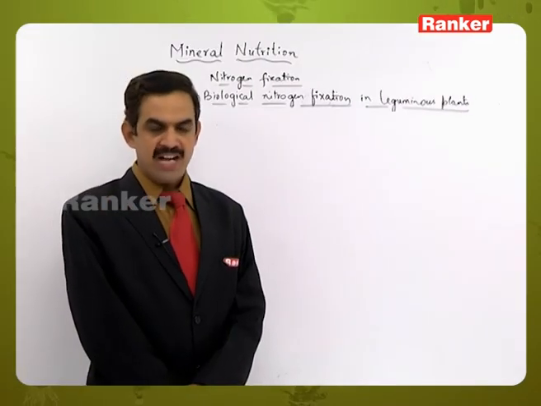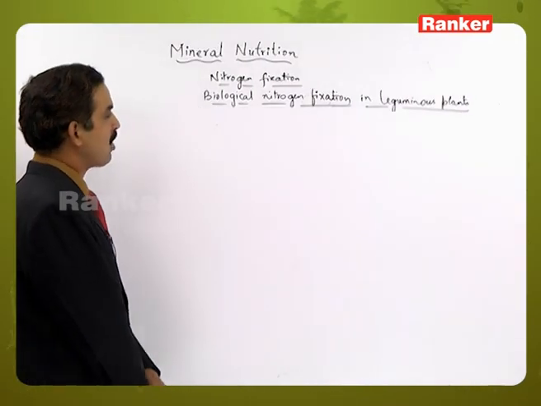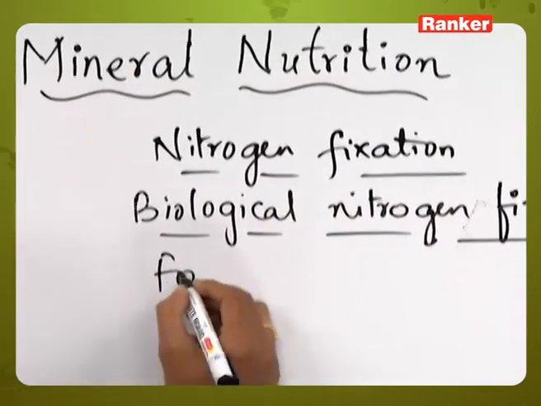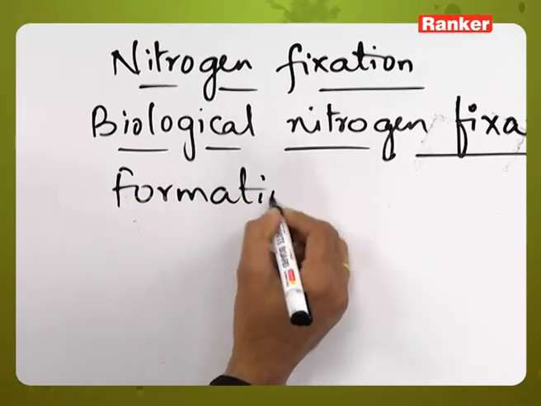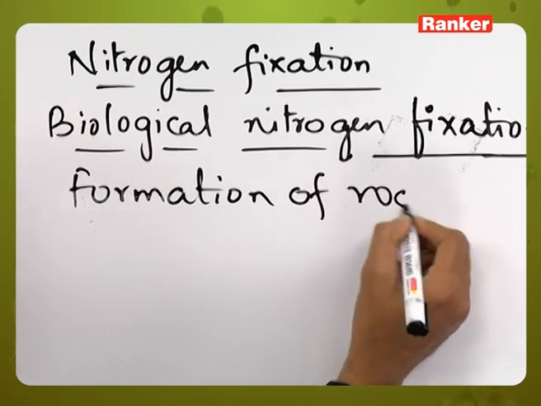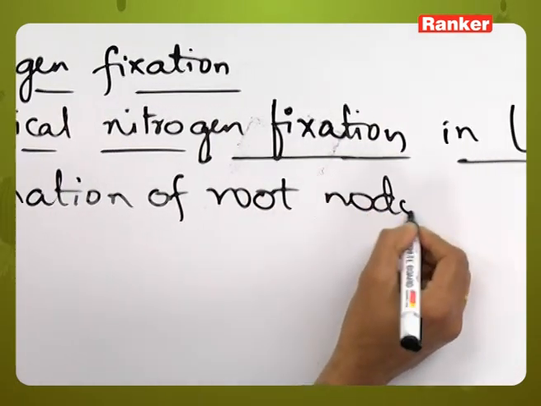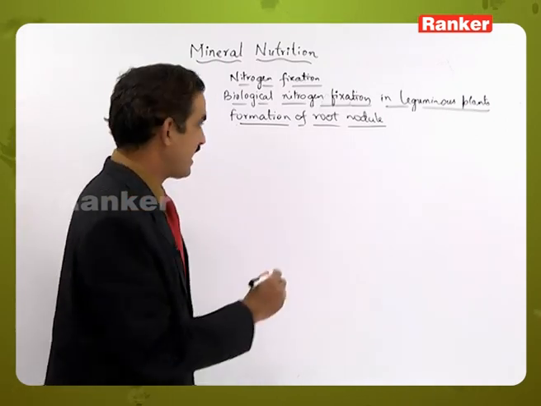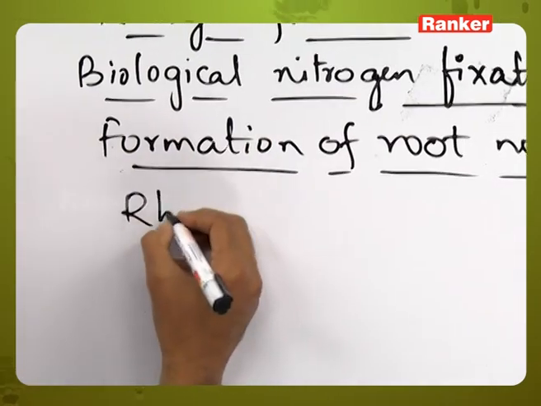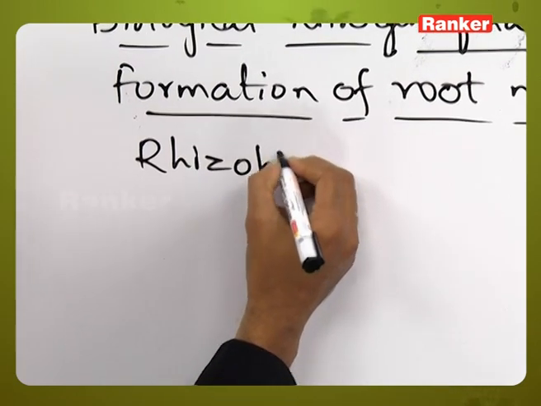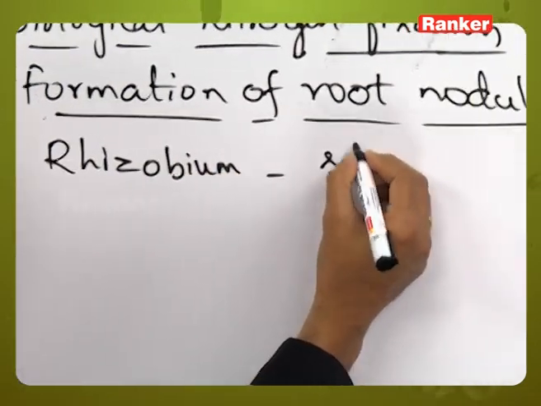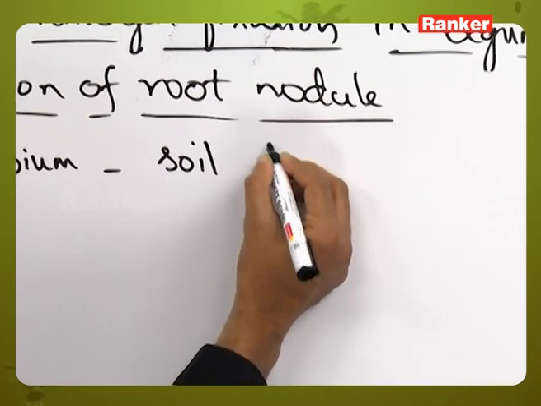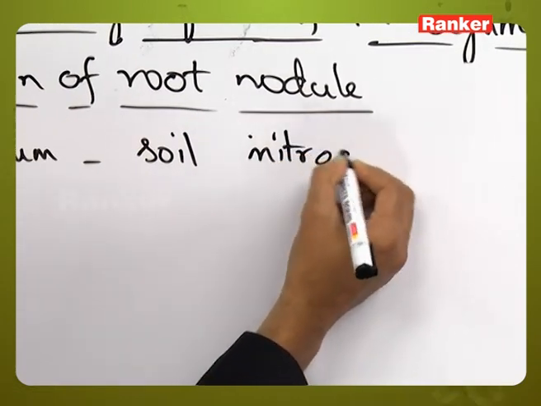Okay. In the biological nitrogen fixation, let us see the root nodule formation. Formation of root nodules in the leguminous plants. The soil contains soil bacteria like Rhizobium, a soil nitrogen fixing bacterium first.